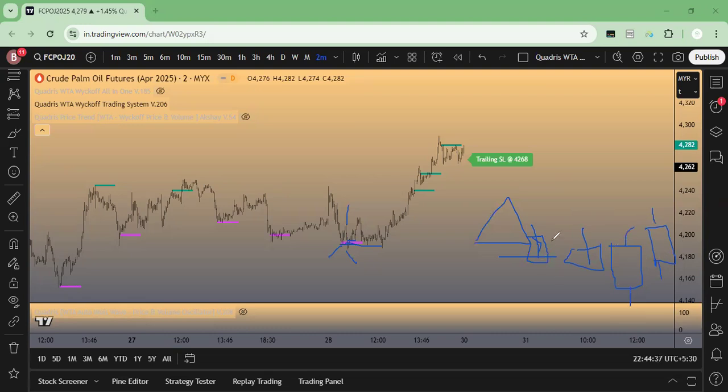I will only consider one or two. Based on that, you can make your own rule, whether you're okay with 3 to 4 or 5, 6 candles going below and then price coming up, and you consider it as a pullback. It is up to you. You can make the rule. So you have to decide.